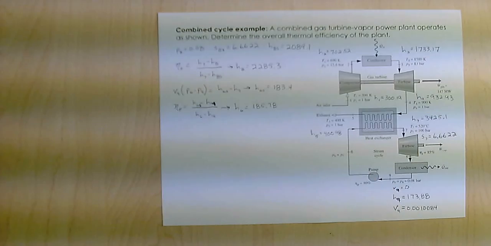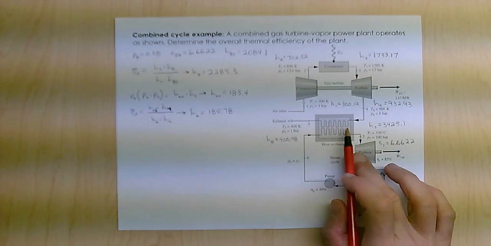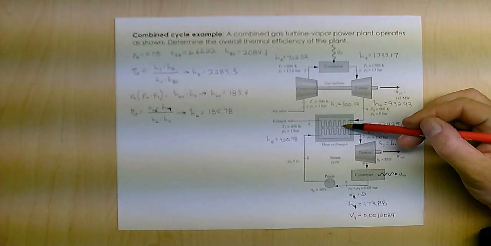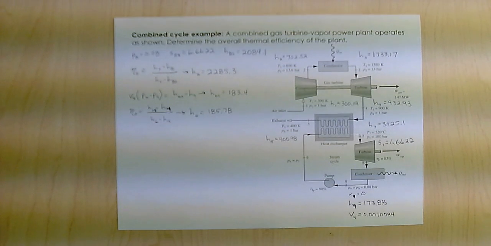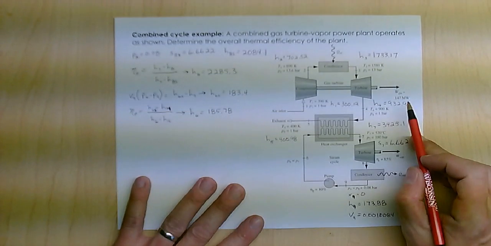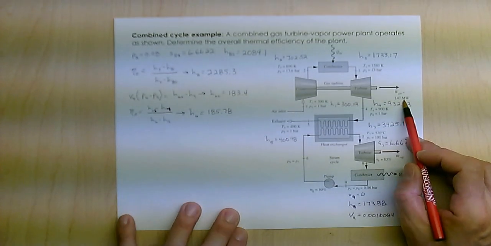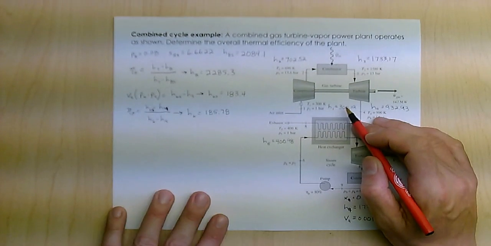Okay, so the next thing I need to do is deal with my mass flows here. Because I basically know Q out of the air is Q into the turbine, right? So I'm going to find the mass flow of the air because I know the power output of the gas power cycle.